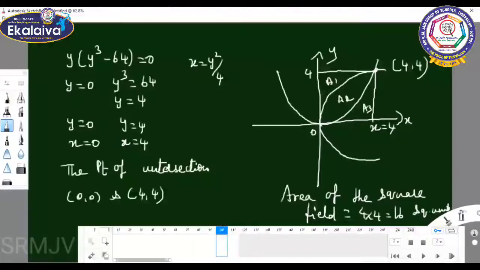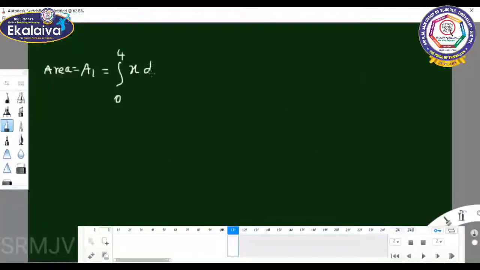So x into dy means the integral from 0 to 4 of y square by 4 into dy.